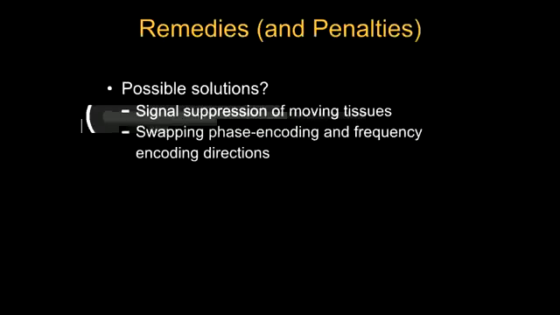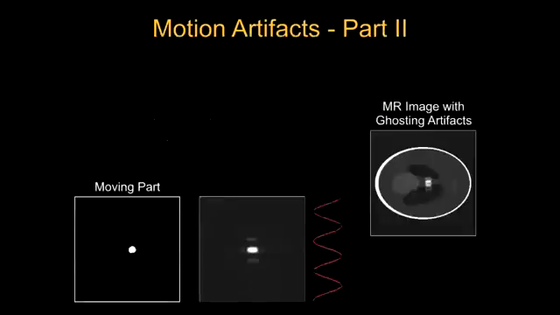So how do we solve it? Either you can suppress that specific location by applying a spatial saturation pulse, or just swap the phase encoding and frequency encoding directions. In many practical situations, just swapping the phase encoding and frequency encoding direction happens a lot because that's an easy solution. Because what's always happening is that this whole line is messed up, but if you just rotate it, sometimes it's okay.